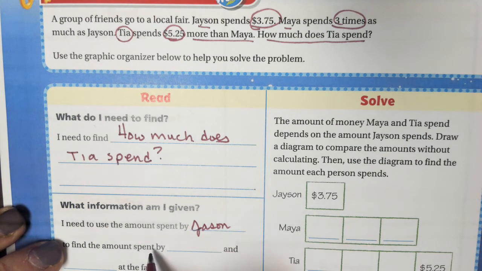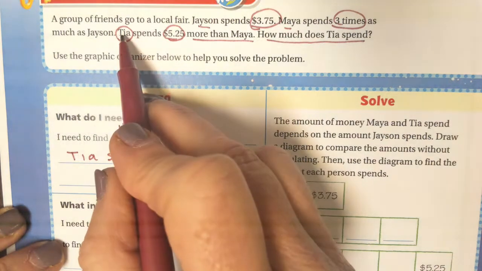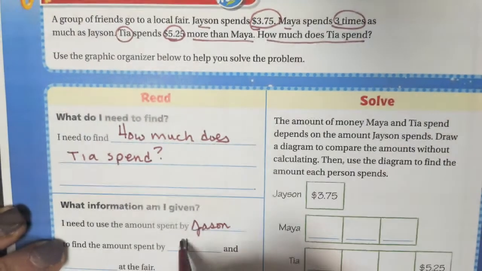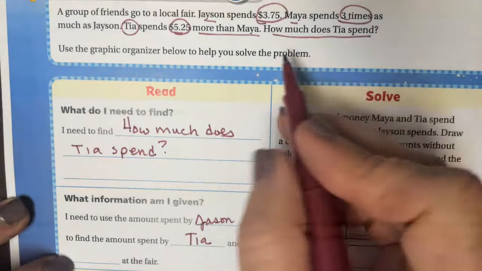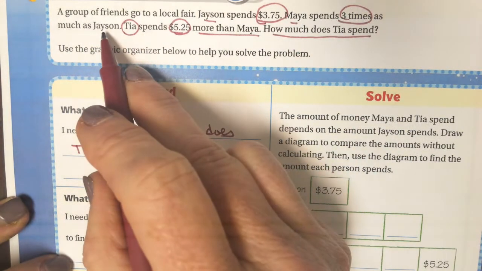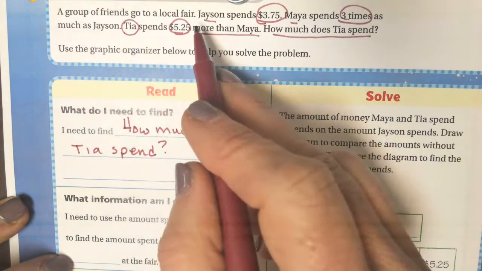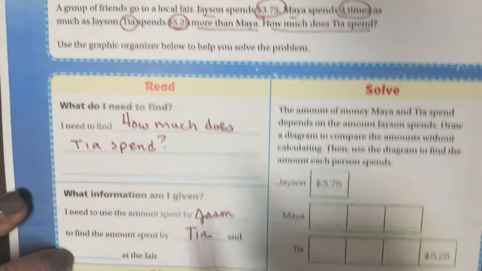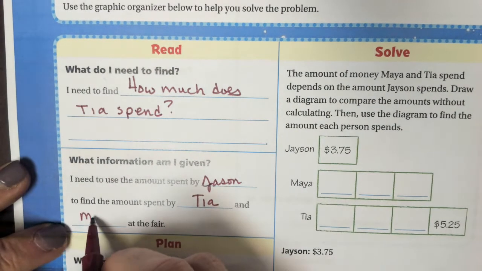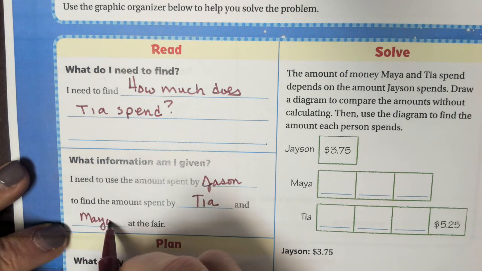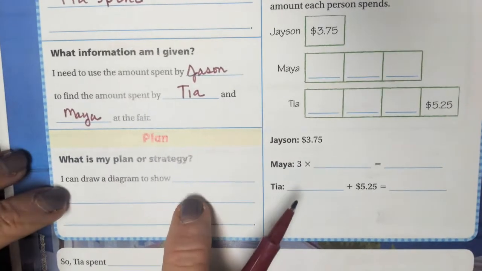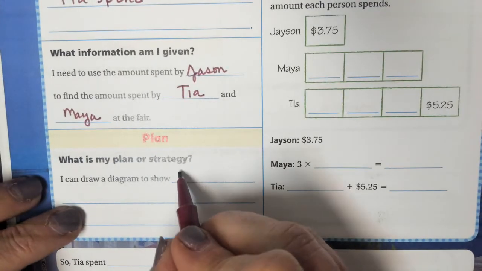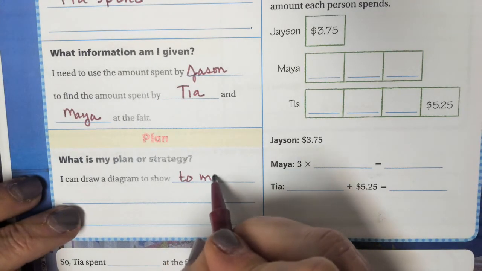To find out the amount spent by Tia, and the others at the fair. Who else are we looking at? Maya. Jason, Tia, and Maya. Okay, so my planner strategy is I can draw a diagram to multiply.